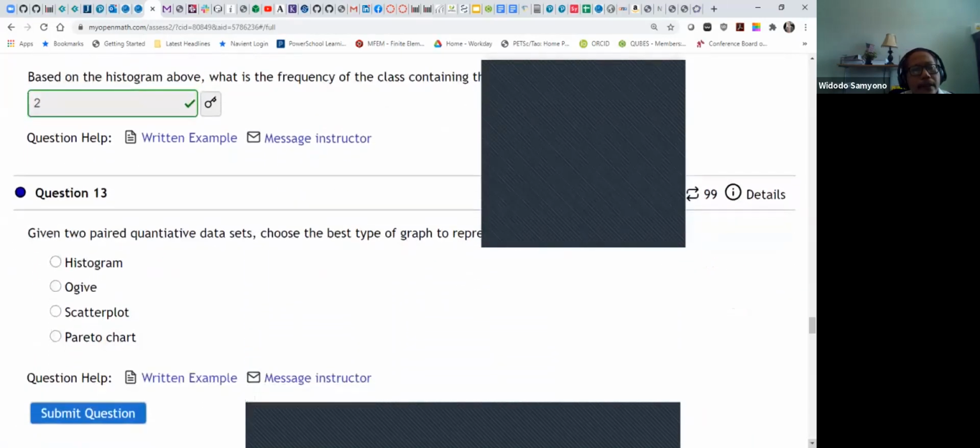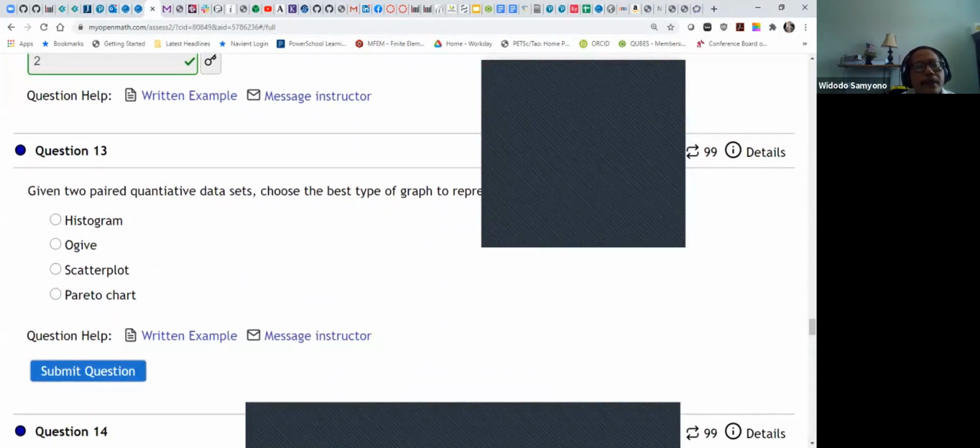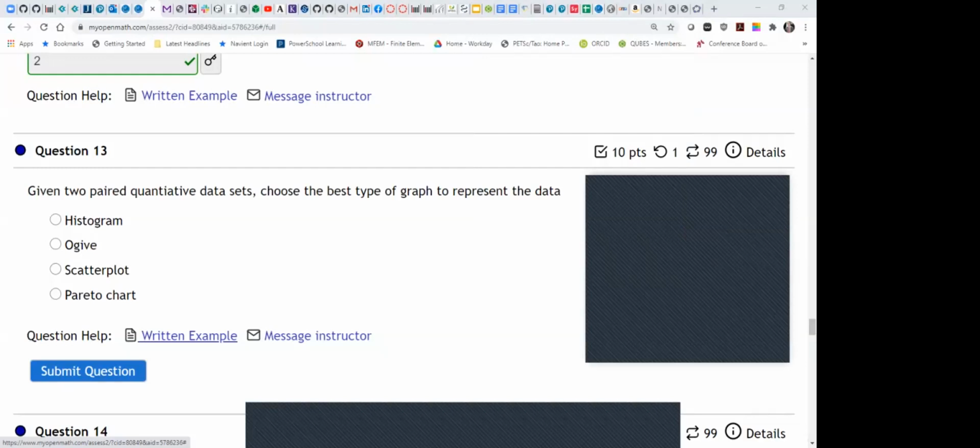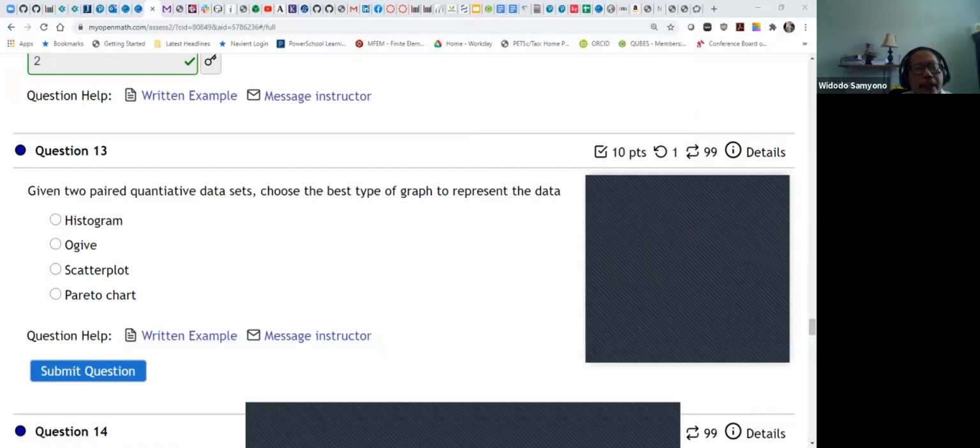And what about number 13? Given two paired quantitative data sets, choose the best type of graph to represent the data. So which one is that? Is it a histogram? There are two paired quantitative data sets.